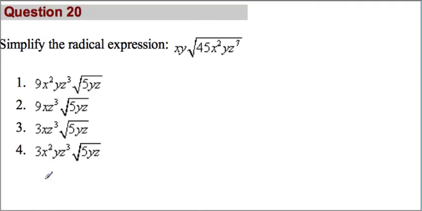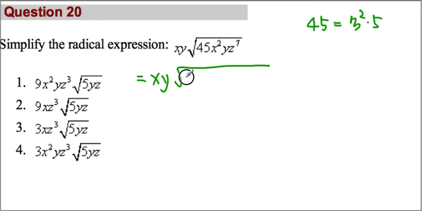Number 20. What is 45? 45 in fact is equal to 3 squared times 5. So then here we can rewrite this one as xy square root of 3 squared times 5 times x squared times y times z squared, z squared, z squared, and z. That's how we can break down z to the 7th power.